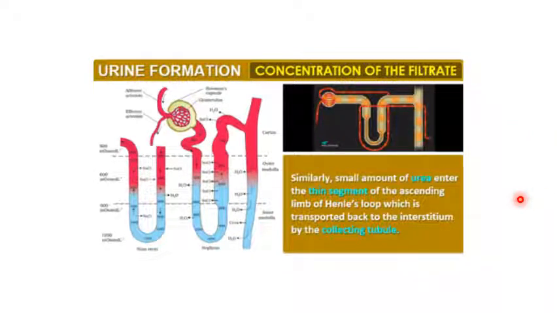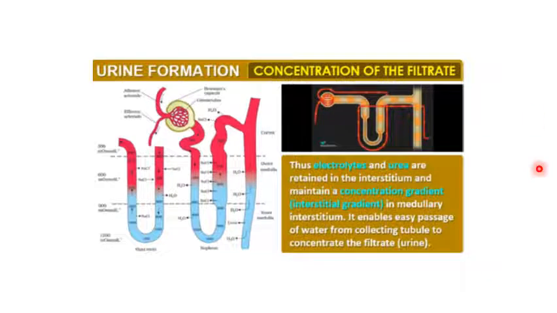Similarly, small amounts of urea enter the thin segment of the ascending limb of Henle's loop, which is transported back to the interstitium by the collecting tubule. In this way, it concentrates the urine.